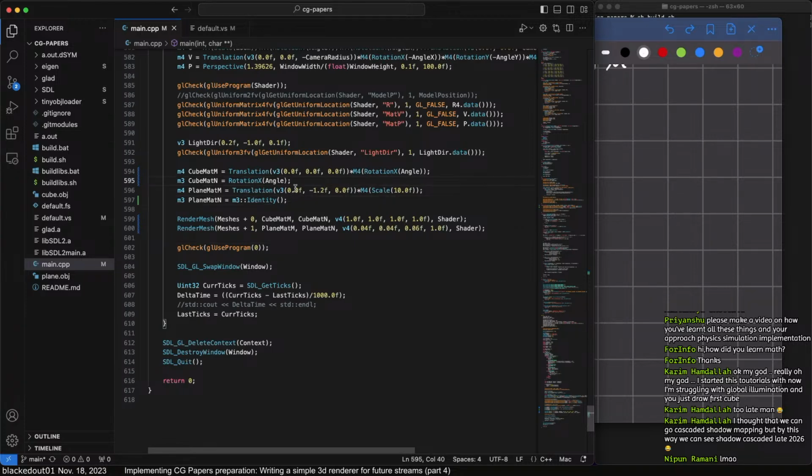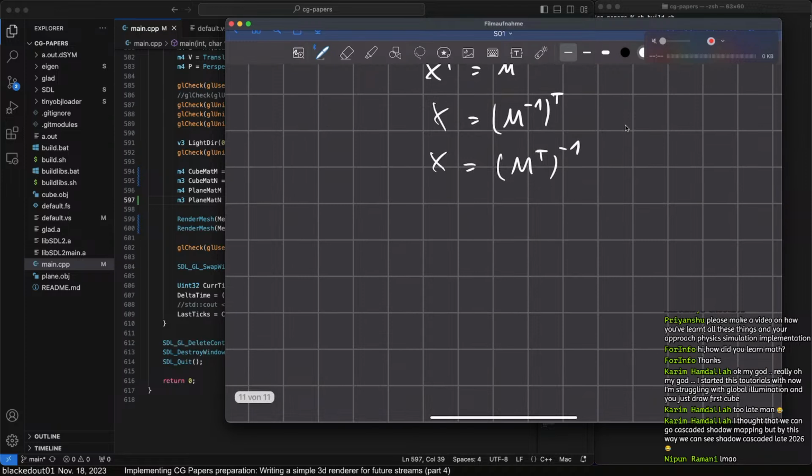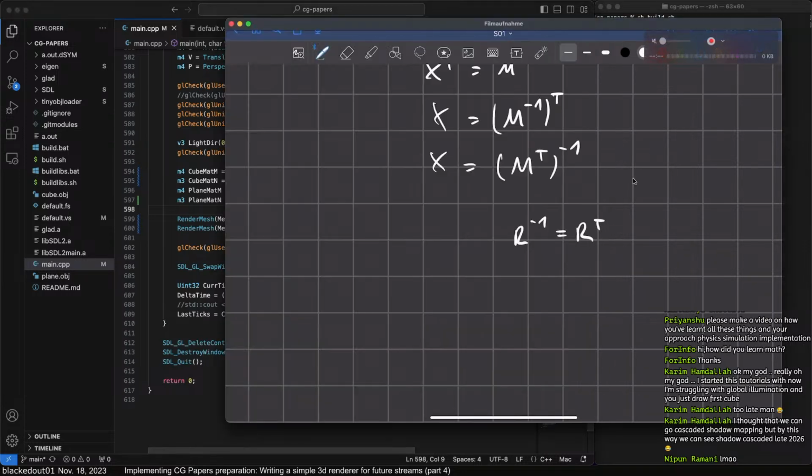But for this simple example, it still works correctly because the inverse of a rotation matrix is just its transpose, which means that the inverse of the transpose of a rotation matrix is just the rotation matrix itself.